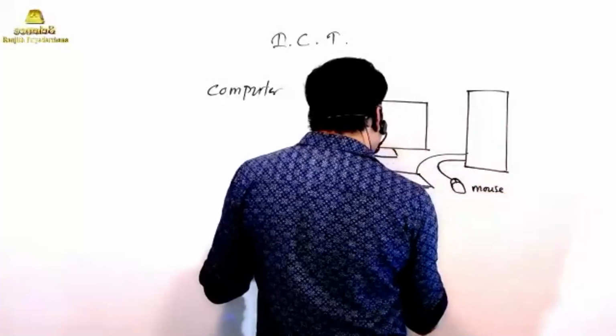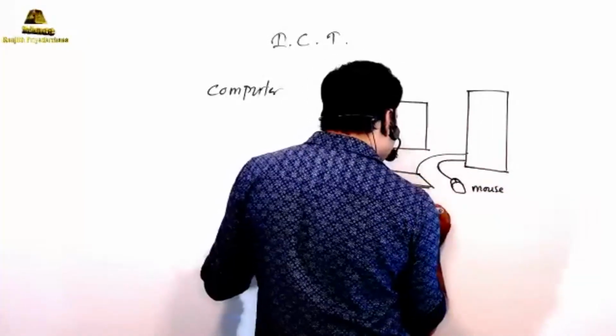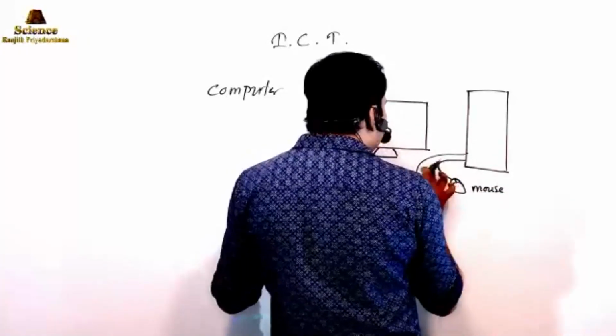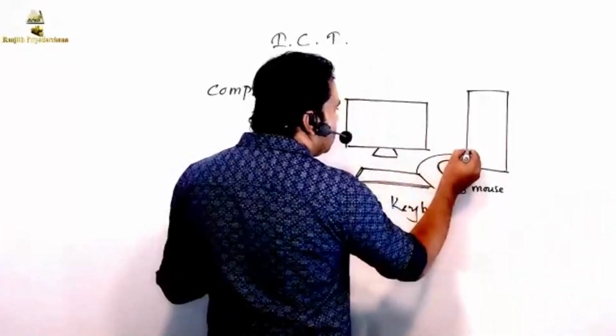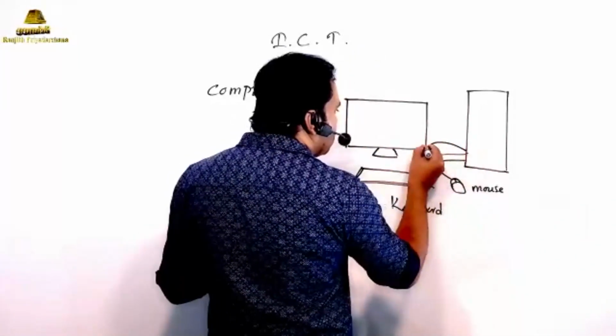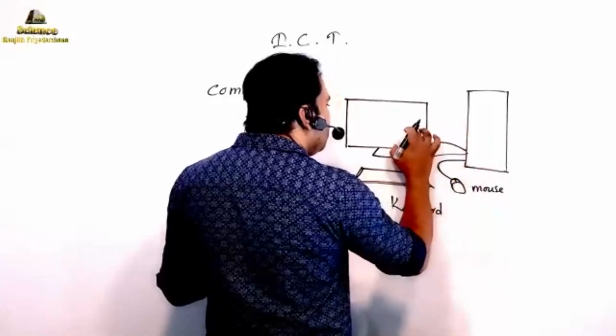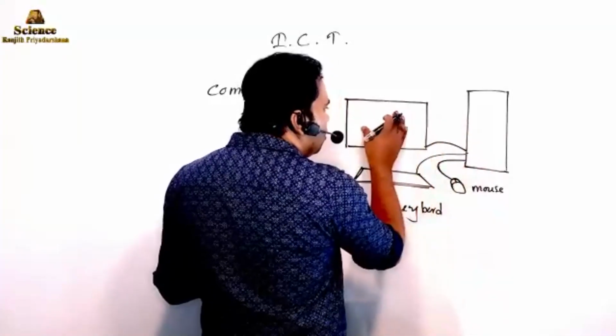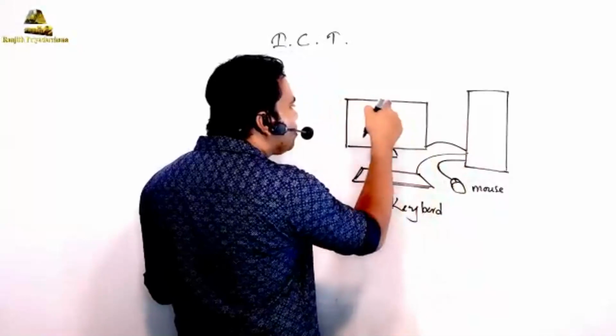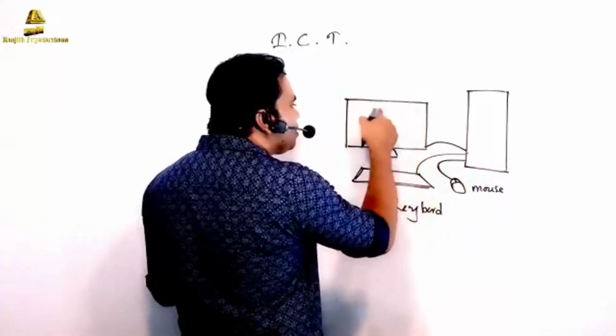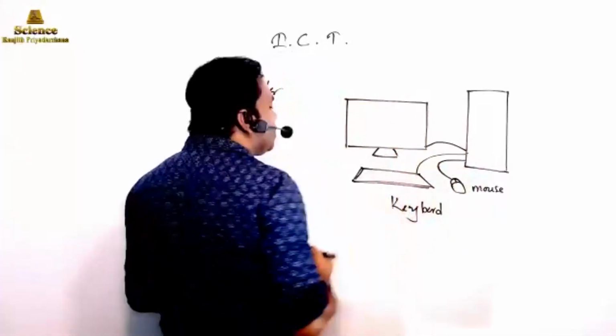Yes, keyboard. So these are input devices. So you can take out that visual output to a monitor. Sometimes you can use that touch screen. If it is a touch screen, yes, that becomes again an input device.